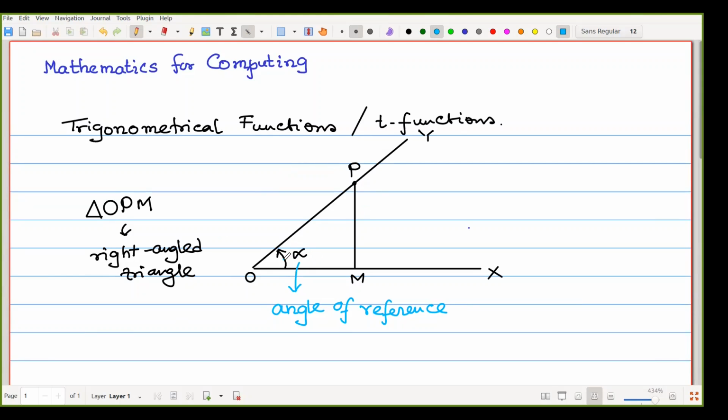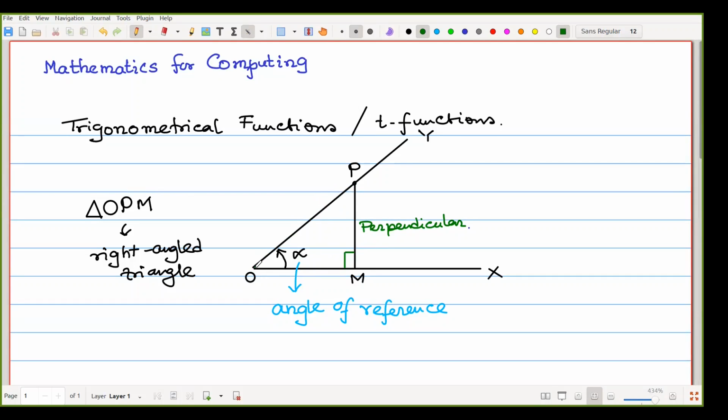Now the side that is completely opposite to the angle alpha, that means PM. Alpha is here, and it is in the opposite side of the angle alpha. That PM is called the perpendicular. Then OP, the side opposite to the right angle. Already we know that angle is a right angle.